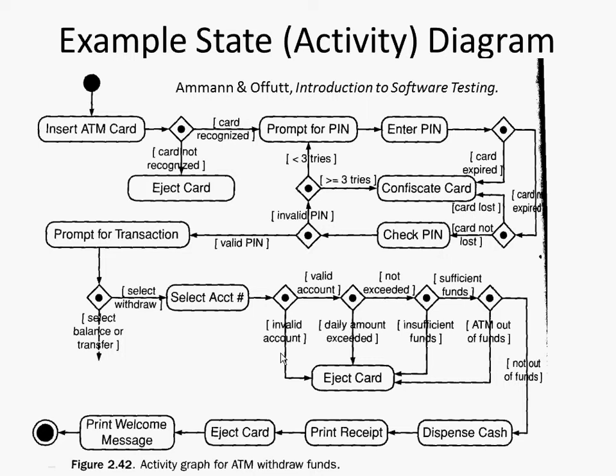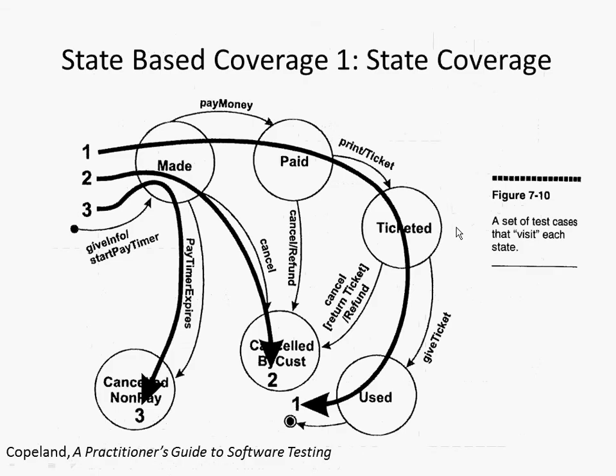Similarly, if you haven't verified that if your account is exceeded, it just rejects it and ejects your card, and doesn't actually debit the account because you're overdrawn, how could you be said to have tested this? So diagrams like this provide a really useful way of thinking through testing and systematically reasoning about what we need to test.